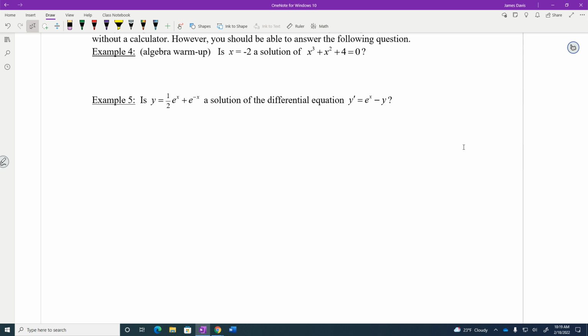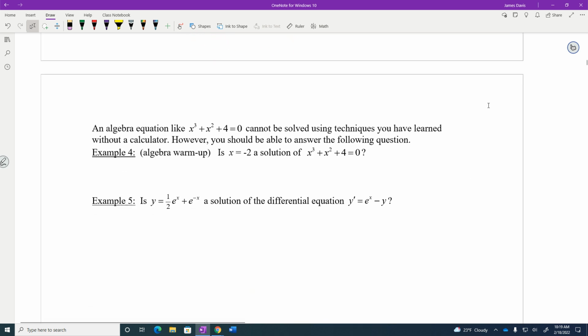All right. So one last thing I want to do here, and this is actually the end of this section. Something you can be asked, if you think back to algebra, is whether a number is a solution to an equation. We did this in pre-calc, where you're given an equation that you can't necessarily solve, because you can't factor it.